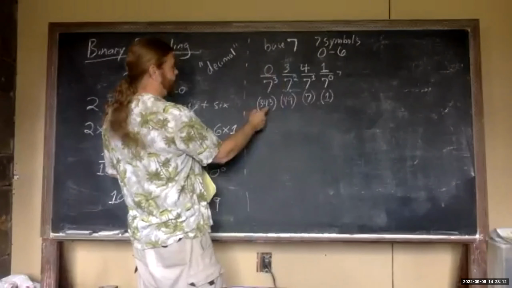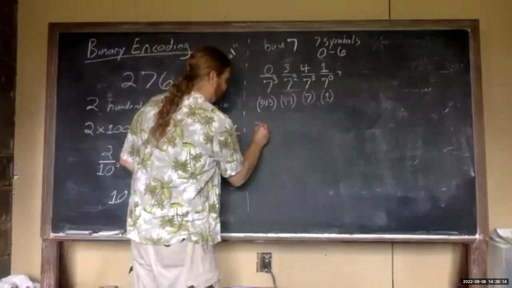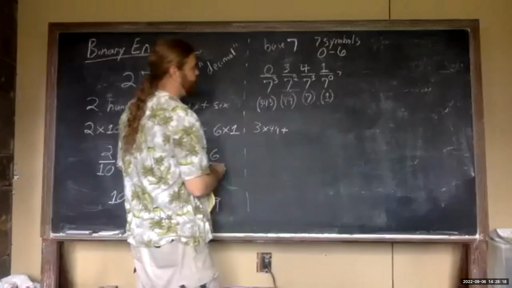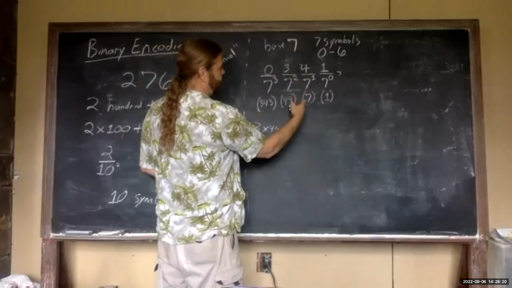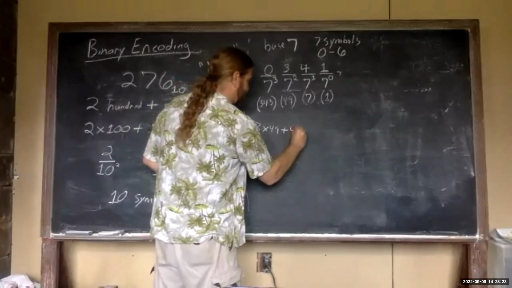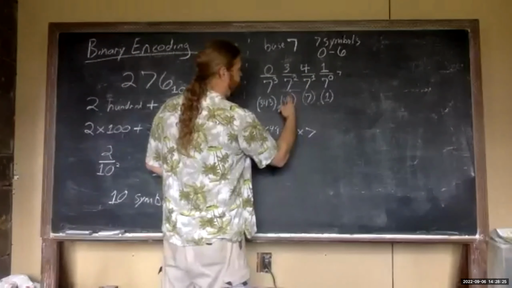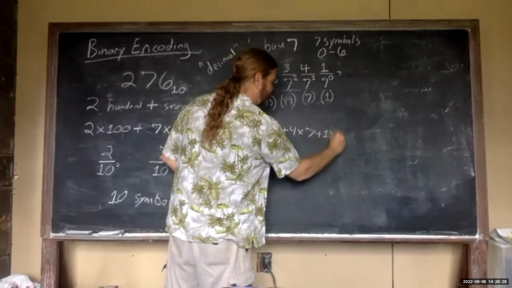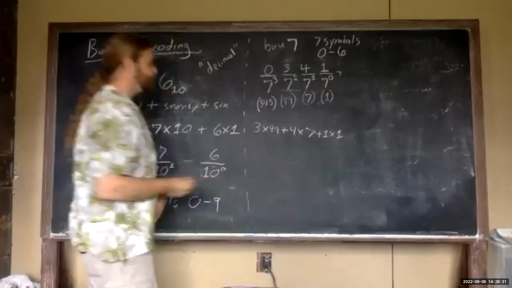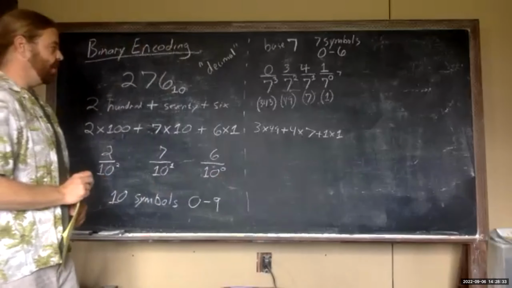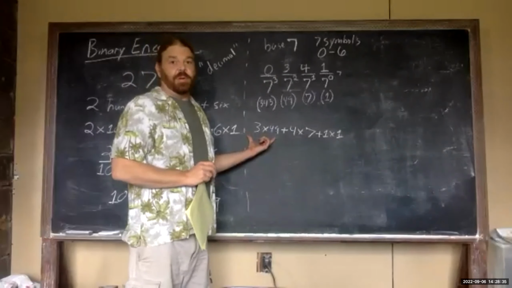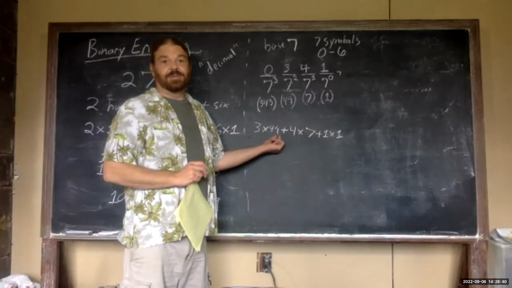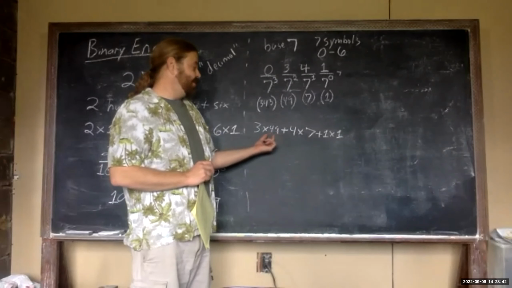So it looks like we have 3 in the 49s column, plus we have 4 in our 7s column, and then we have 1 in our 1s column, plus 1 times 1. And what do we get out of here? 3 times 50 would be 150. But 49, so we were actually 1 too big there.